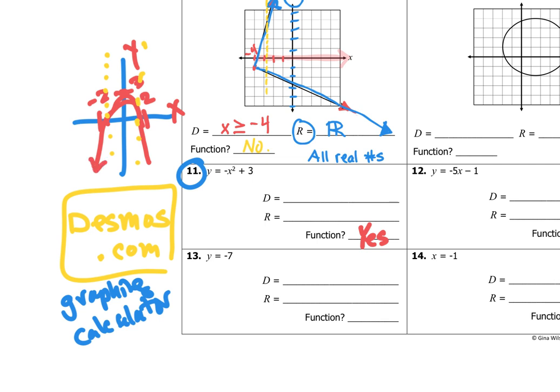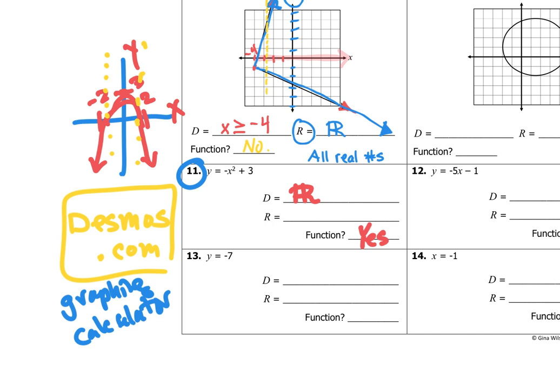Okay, but this particular function has lines that go on forever. And because these lines are going to go on forever and forever, our domain, and again, we're going to use that abbreviation, it's going to end up being all real numbers.